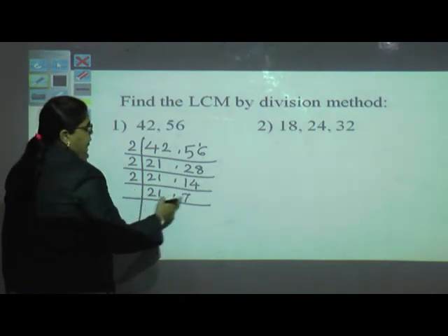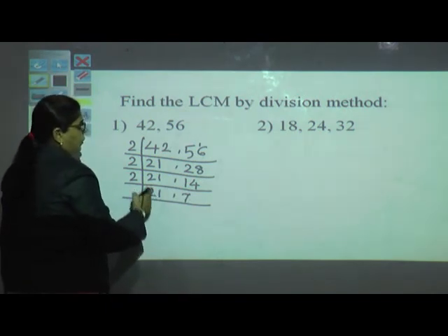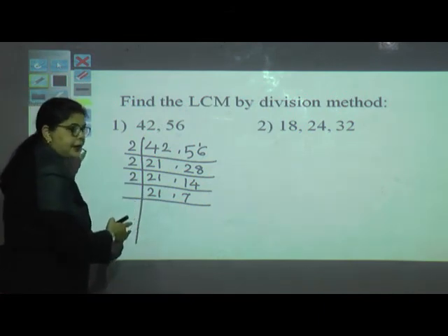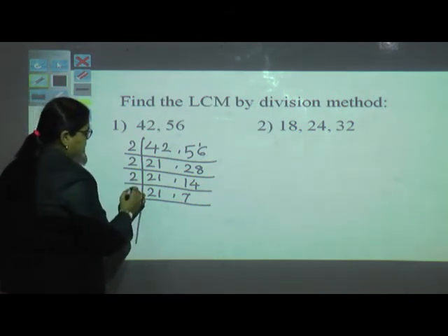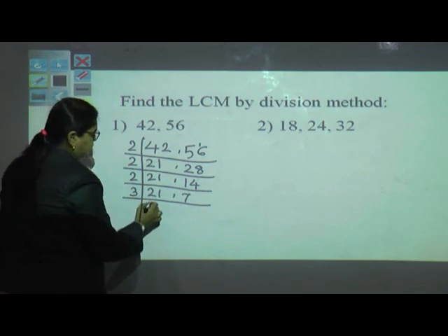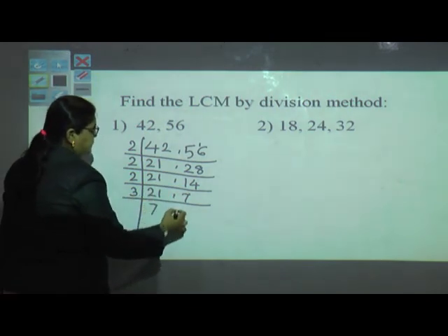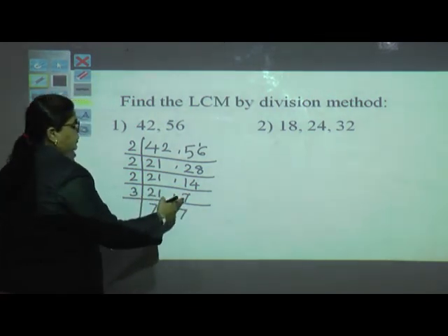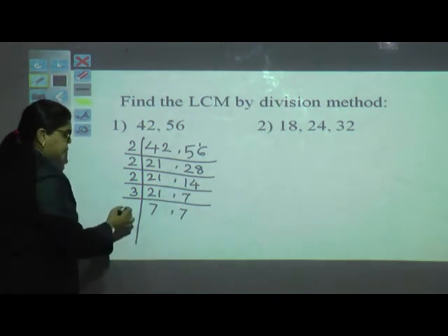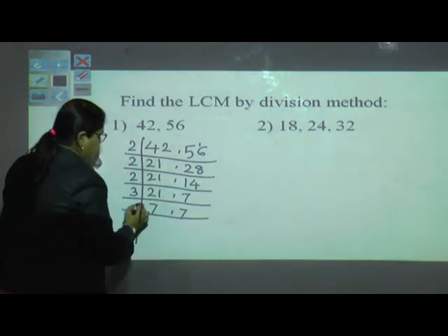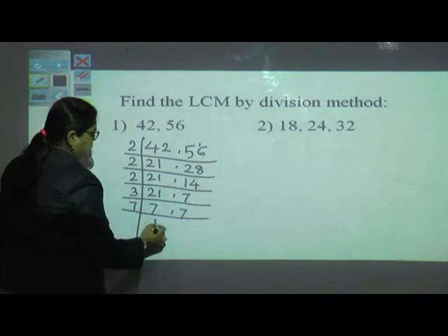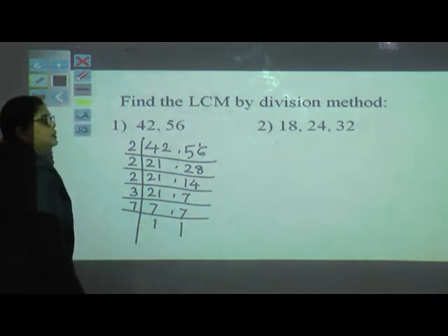Now we have an odd number. After 2 we try the prime number 3. 3 7s are 21. Write 7 as it is because we are unable to divide 7 by 3. Now 7 1s are 7, 7 1s are 7.